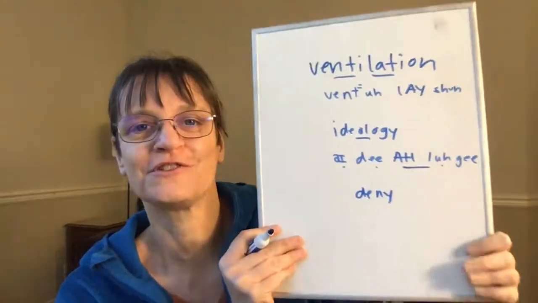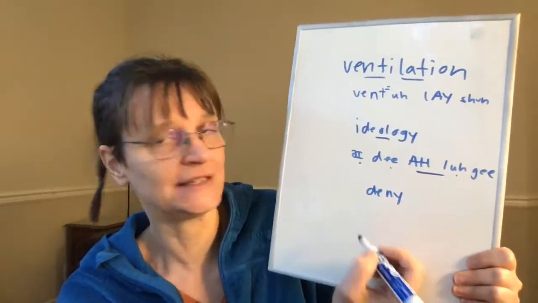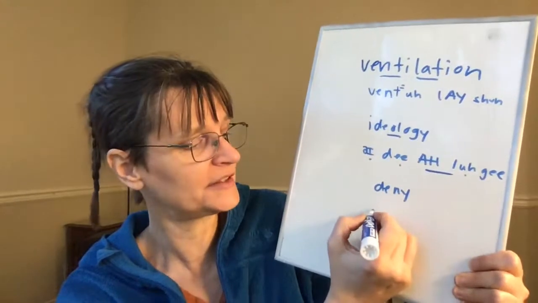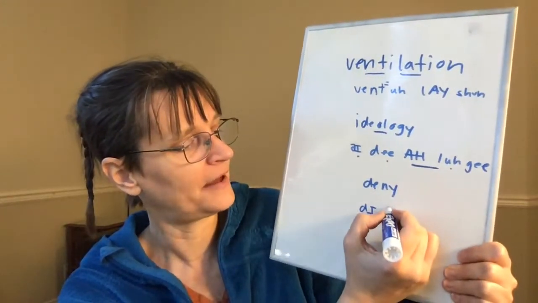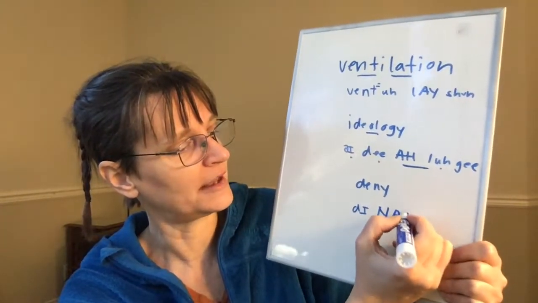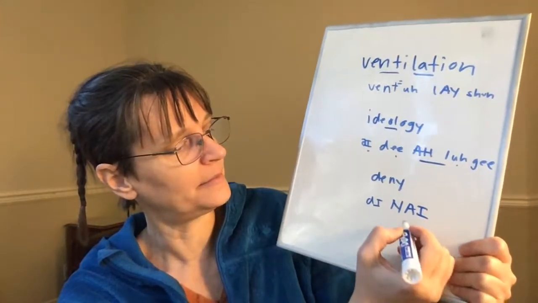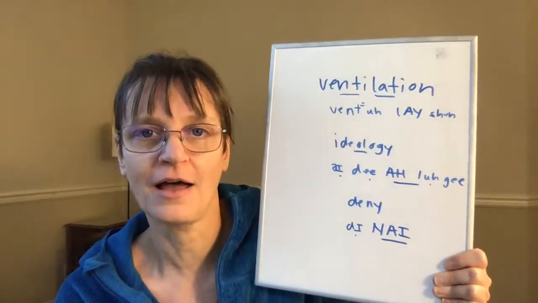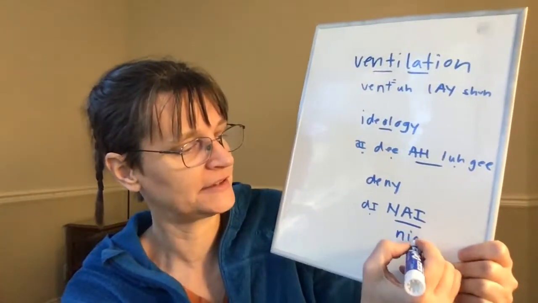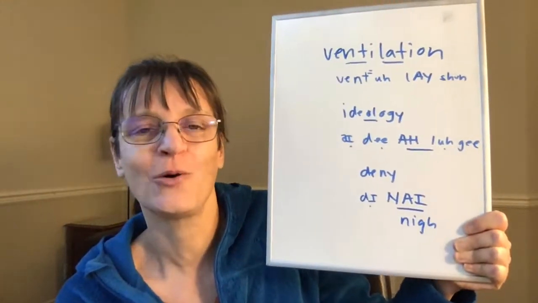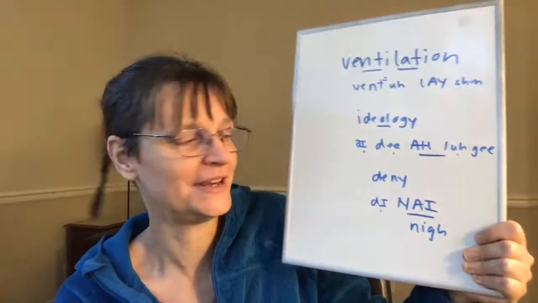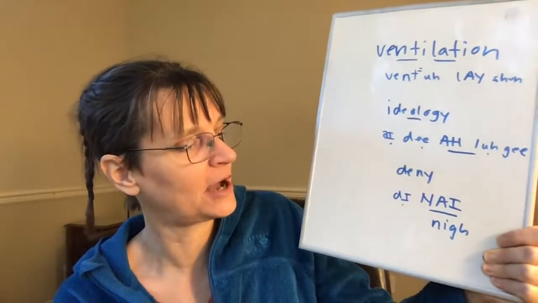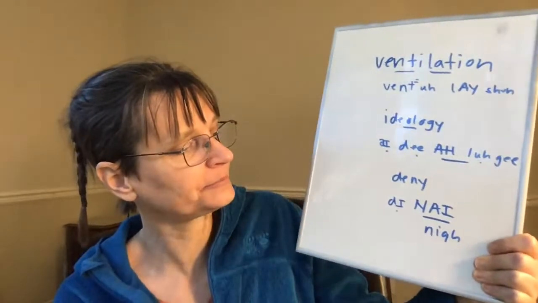Deny, so just like we were talking about at the beginning, here's an example of a DE, unstressed in the first syllable, that sounds like D. And then the I diphthong again, deny. You might also write it like the nigh in night, or nigh as in near. A less commonly used word, deny.